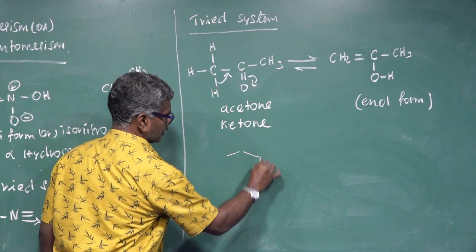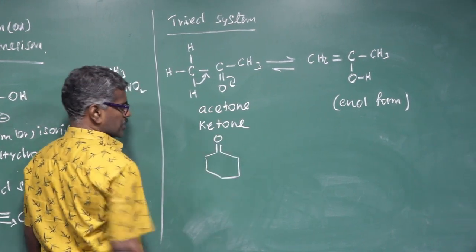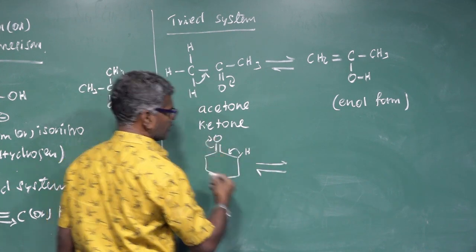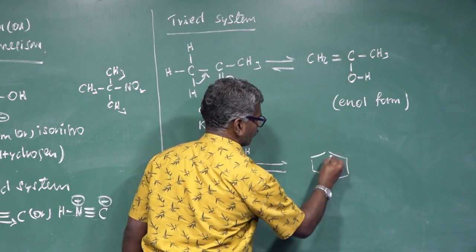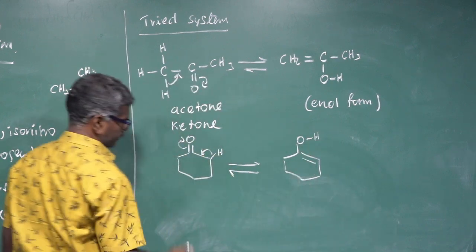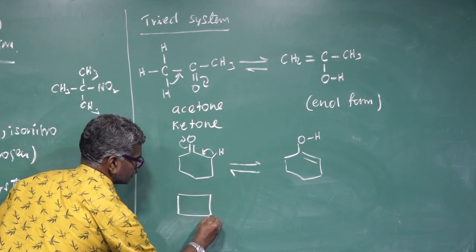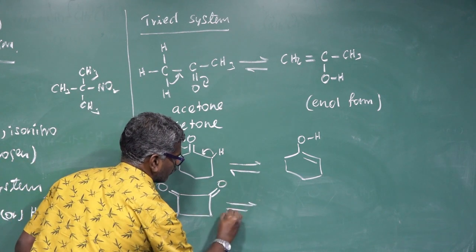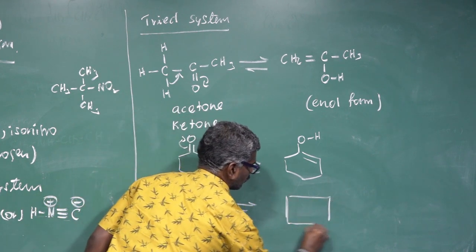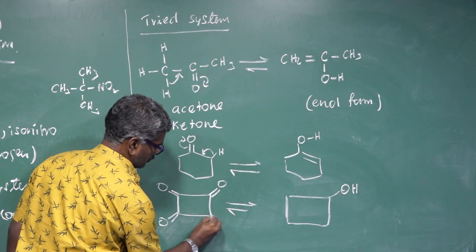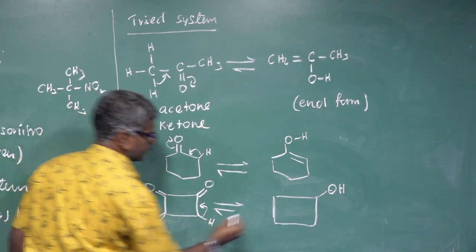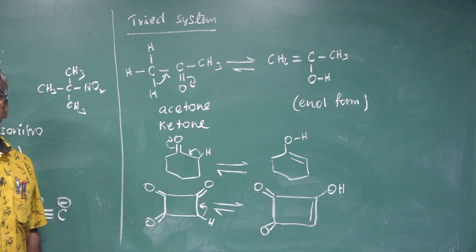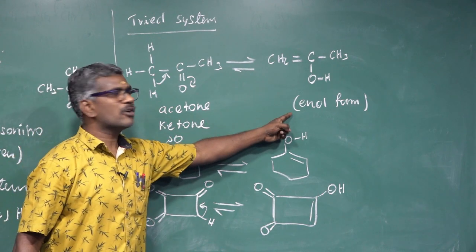Another structure: cyclohexanone undergoes keto-enol form. The bond is shifted here, similarly here. These are all examples of keto-enol form structure.